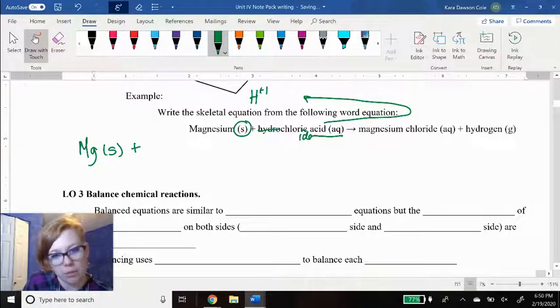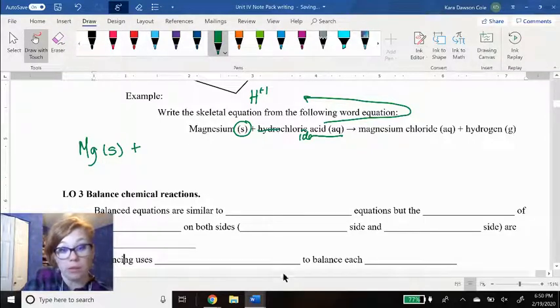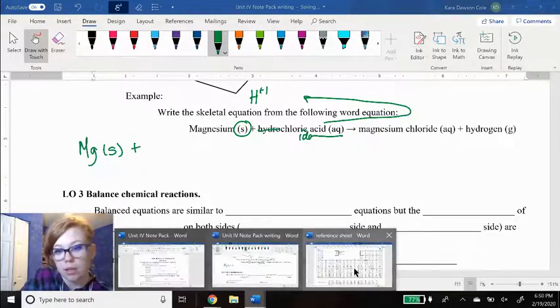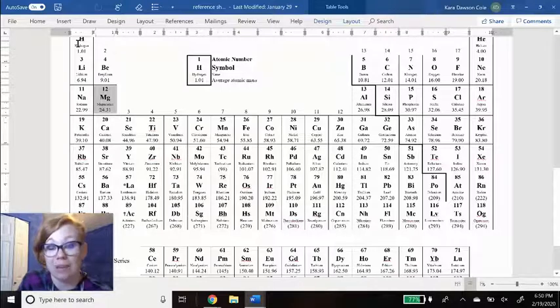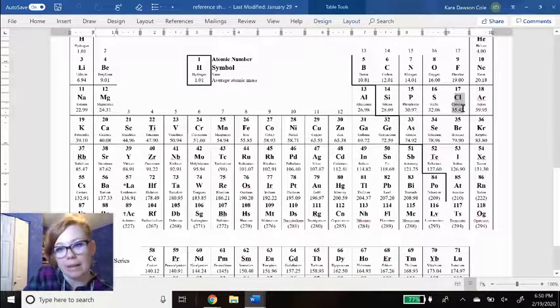But because it's aqueous, it's the acid. So chloride, I have no idea what chloride is. So I'm going to go back to my trusty periodic table. I know that my ides come from over here. So like my suffix, ide, are going to come from over here. Not to mention, hydrogen's a cation, right? I've got to have an anion that goes with the cation. So my anion has to be chloride. So chlorine, right?